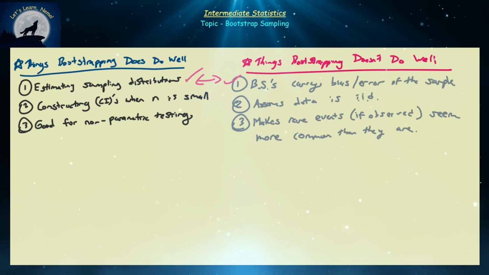But again, if your confidence interval is based on a sample of small size n, then it can still give you that bias and error issue that you already mentioned.